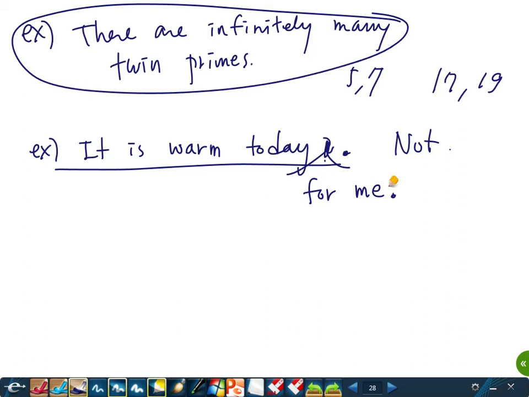I think it's not a proposition because your mind is not reliable. Your mind always changes. Because you don't know yourself very well. So yeah, we are not going to talk about this. This is not in the realm of mathematics. It is, of course, important, but not mathematics.